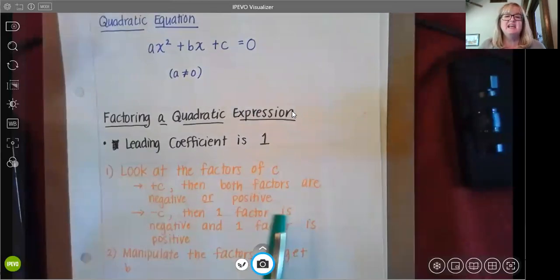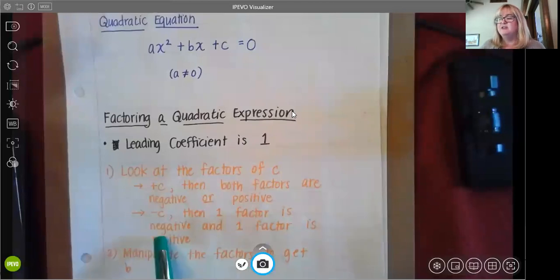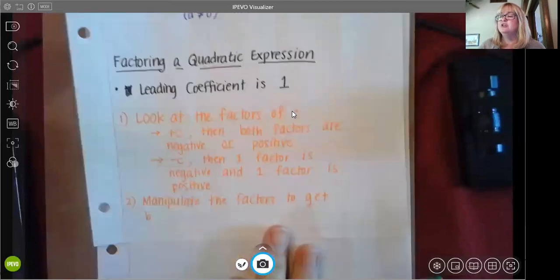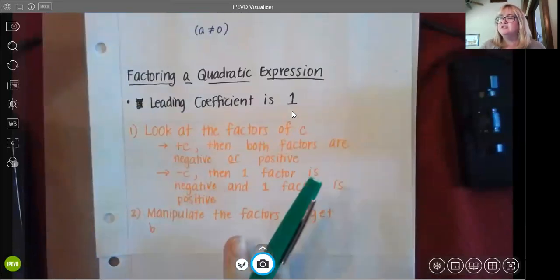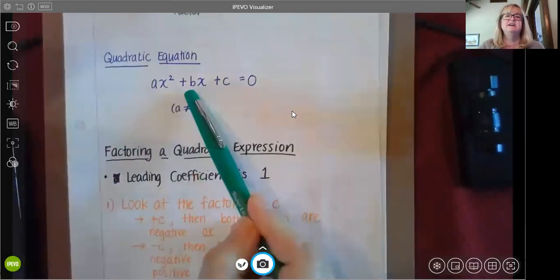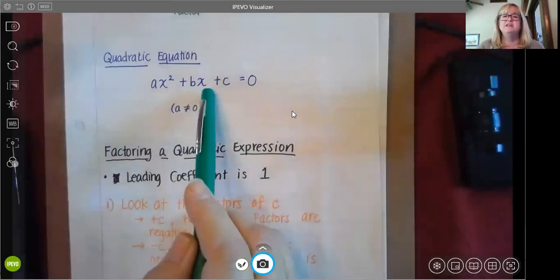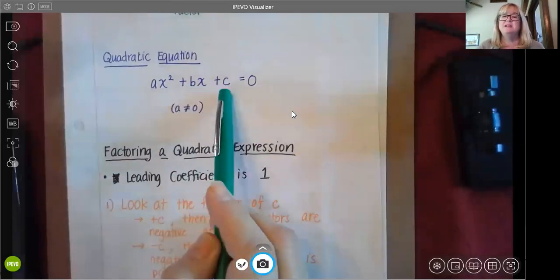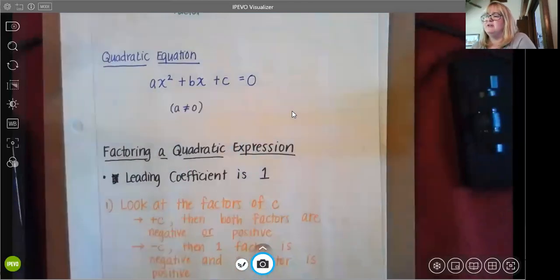If c is negative, then one of the factors is negative and the other factor is positive. Basically, what we are going to do is look at the factors of c and then manipulate those factors to get b. And b is the coefficient that goes with that middle term. So we look at the factors of c, manipulate them to get b. And let's look at a few together.